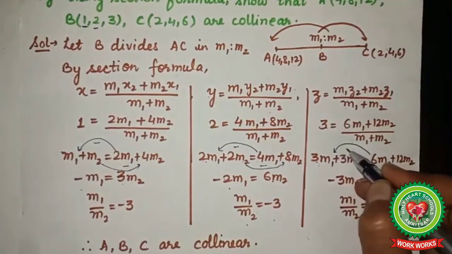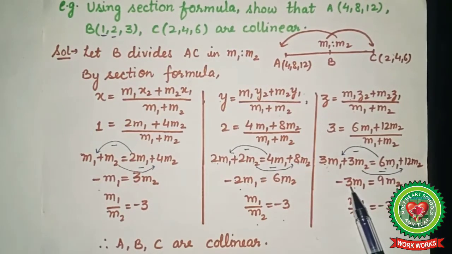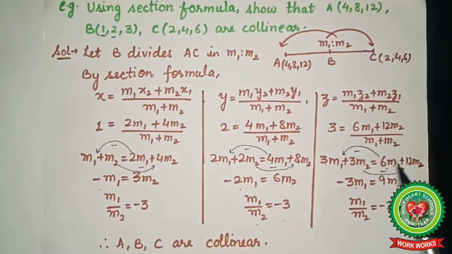Again collect like terms, the sign changes. So 3m1 minus 6m1 is minus 3m1, and 12m2 minus 3m2 is 9m2. From here m1 upon m2 is equal to minus 3.